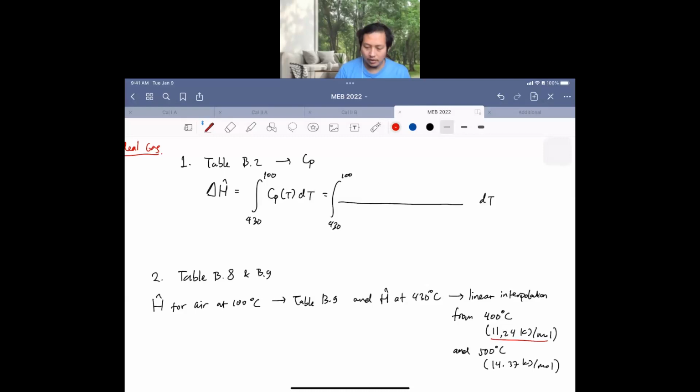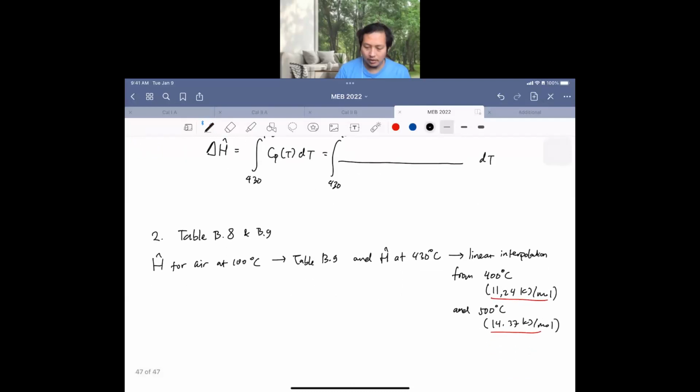So take some interpolation for these two, and you get 430 degrees Celsius. So specific enthalpy for 100 degrees Celsius is 2.19 kilojoule per mole, and for 430, after you take the linear interpolation, this will be equal to 12.17.